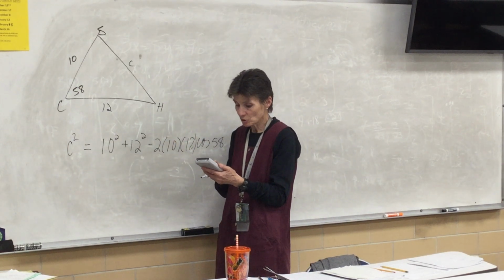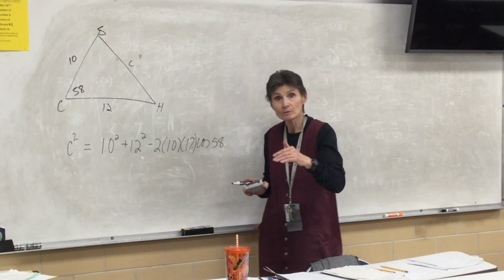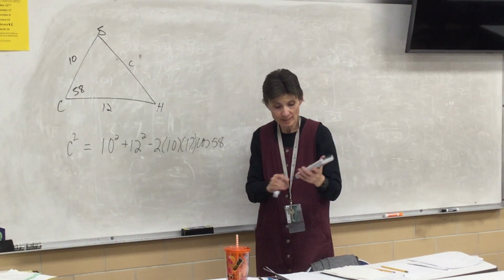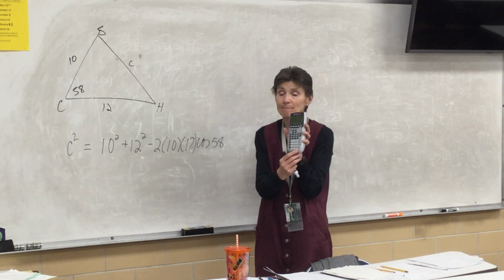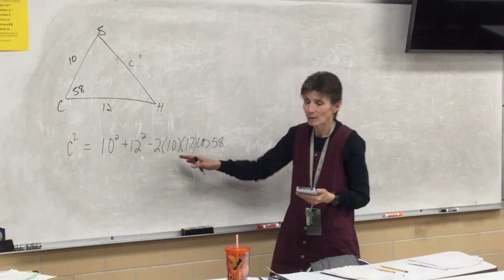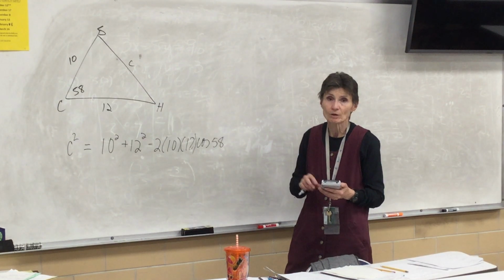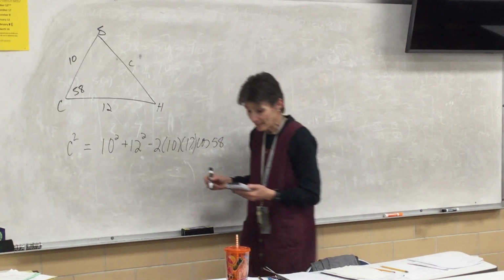So we're going to have to take the square root of that. So you can hit second square root, second answer, and your answer button is right down here at the bottom. And that'll take the square root of that. I don't want you typing it back in. I don't want you writing down this 116 number. Just take the square root of it right on your screen. And that's 10.81.